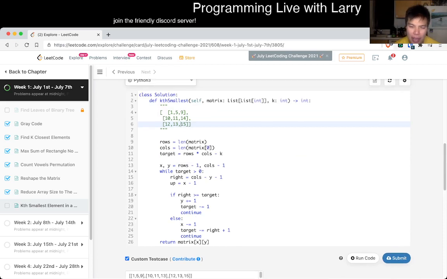Well, at the bottom right corner, we know that this is the biggest number. So then the next biggest number is either here or here, right? And then the next biggest number after that is either here, here, or here.